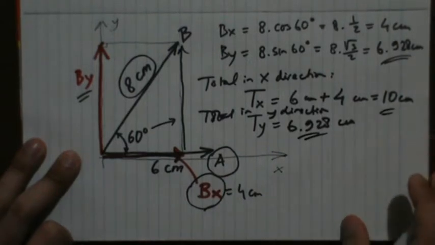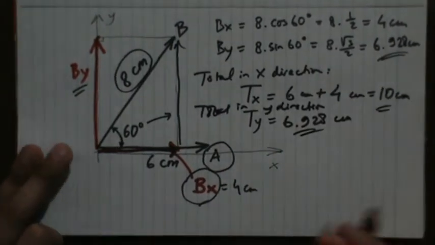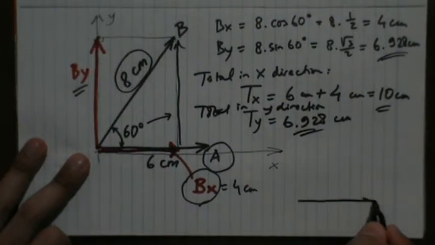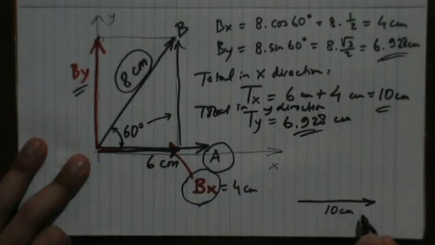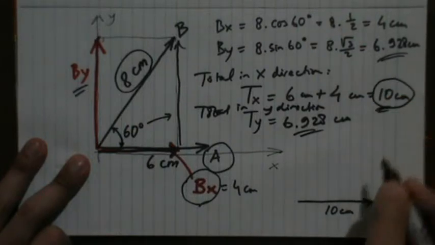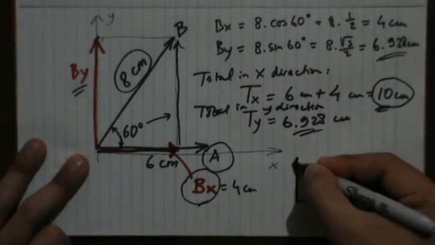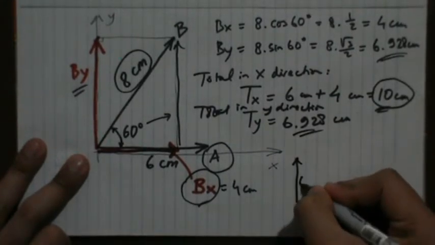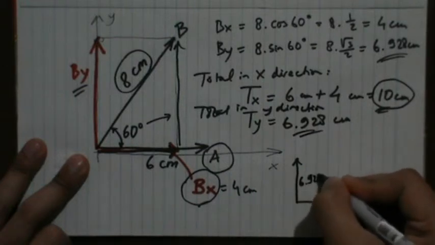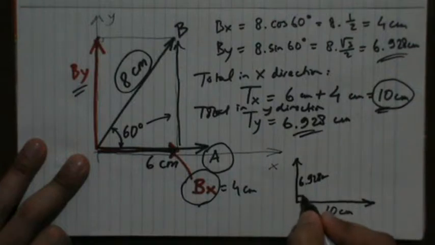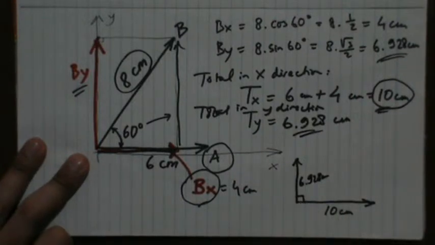So now we can imagine that we have a vector in x direction which has the magnitude 10 centimeter, and we have a vector in y direction which has a magnitude 6.928 centimeter, and they are perpendicular to each other.